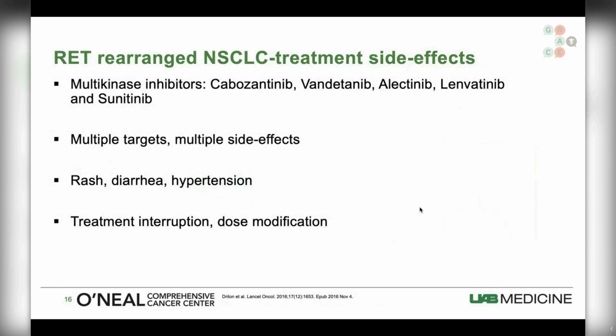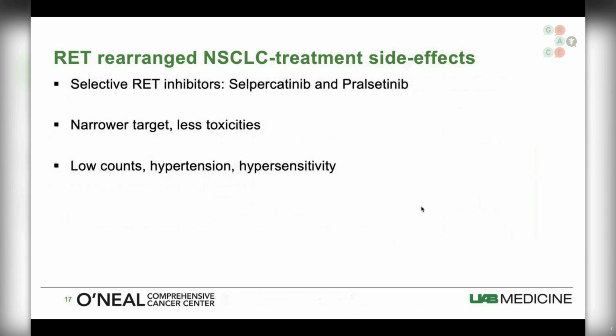I wanted to also highlight some treatment side effects of the older drugs and the newer drugs. The multi-kinase inhibitors that we used to use, because they had multiple targets, also had multiple side effects, including rashes, diarrhea, and hypertension, often leading to treatment interruption and dose modifications of these medications. With the newer selective RET inhibitors, they have a narrow target, and so they have less toxicity overall.